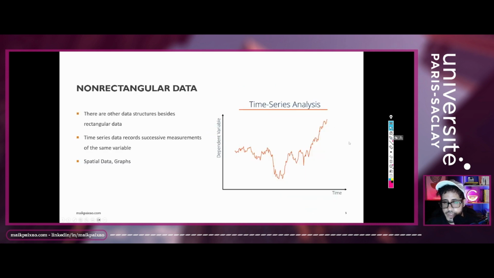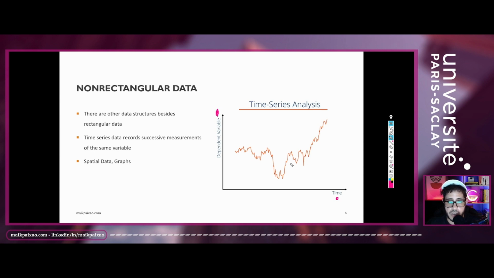Here we have a chart as an example of time series data. We can see that we have only a dependent variable right here, and we have the dimension of time, which is basically saying that the value of the dependent variable may assume a different value over time.